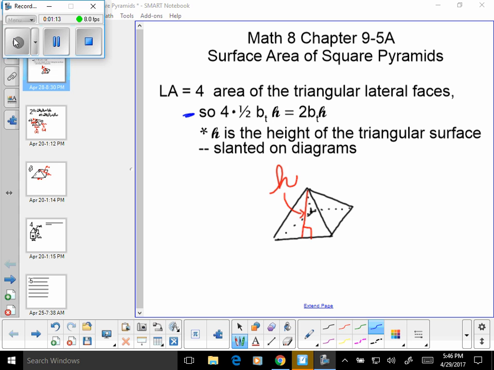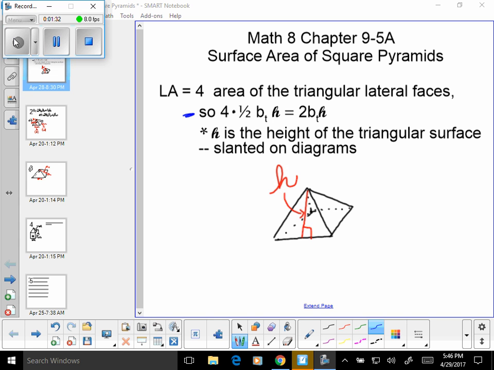If they use a printed h, that is a perpendicular height. So you do have to pay attention to the cursive h and the printed h, and I would encourage you to learn to make that cursive h.